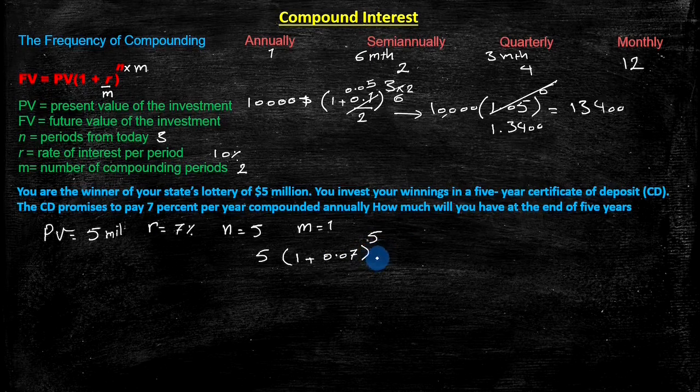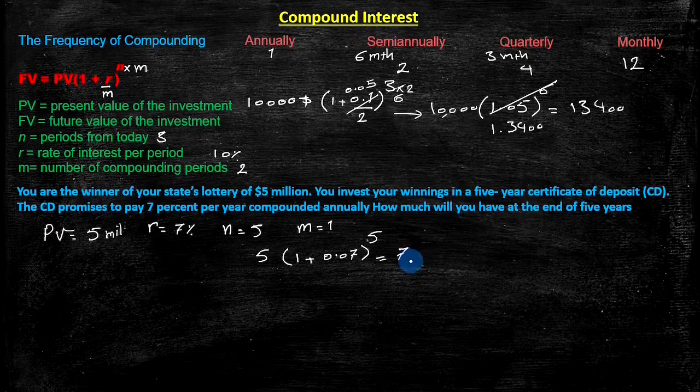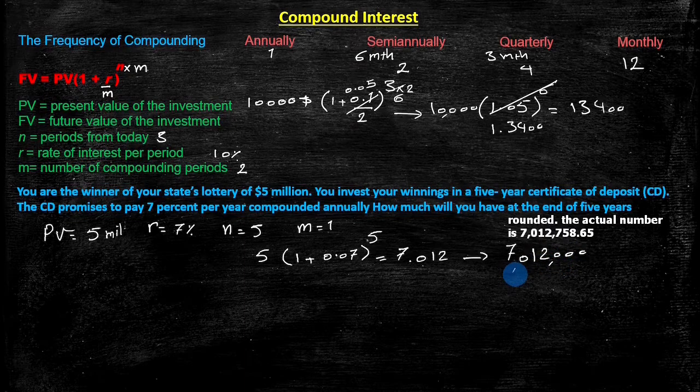All right, now let's get the calculator out. That will be 7.012, and if we wanted to add, multiply it by a million because we dropped it here, that will be $7,012,000.